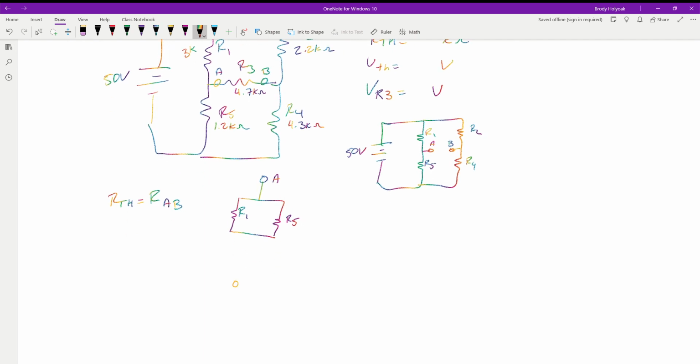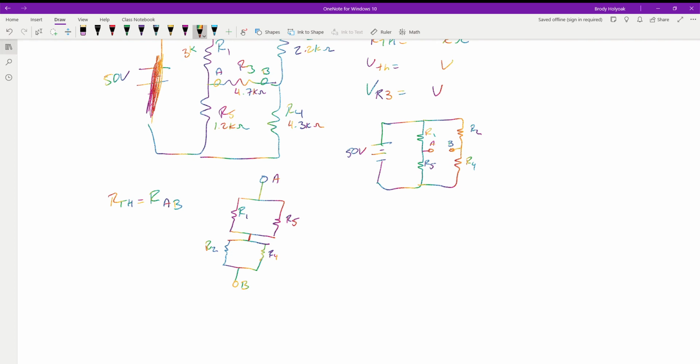And then we look at point B. Point B is connected to two different resistors, R2 and R4. Those are connected together, but then they're also connected back up to R1 and R5 through this wire here. Remember, when we short out our power supply, that becomes one wire.